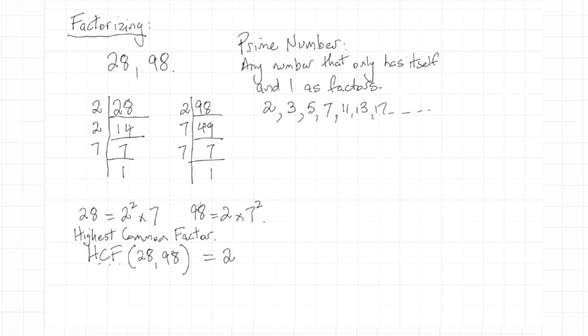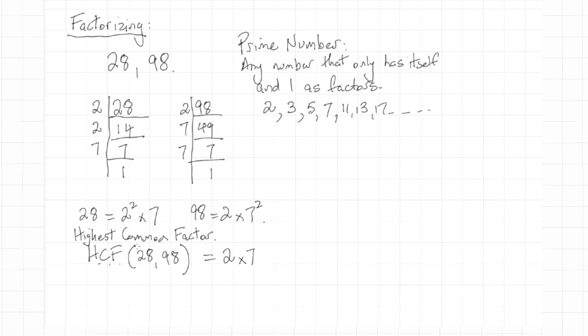Now what is the highest power that's common to both? Well, we've got a 2 to the 2 and a 2 to the 1. So the highest power that's common is just 2 to the 1. We don't have 2 to the 2's here. So it'll be just 2. Then we go to the next one. We say, right, we've got some 7's going on. What's the highest power of 7 that is common to both? And it's just 7.